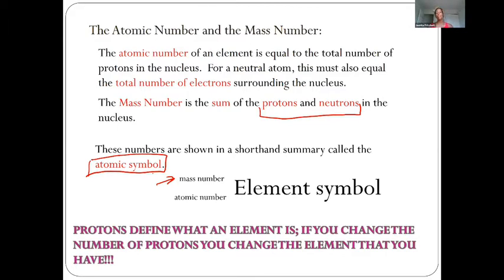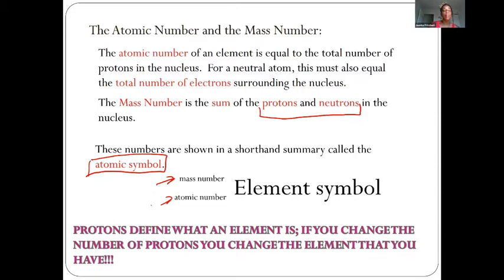Again, the mass number is going to be equivalent to the number of protons plus the neutrons. And if you're looking at the periodic table, you would simply take that number that has decimal places associated with it and round it to the nearest whole number to get your mass number. And your atomic number, again, represents our protons. We can extrapolate the information about the subatomic particles based on the numbers that we see present.